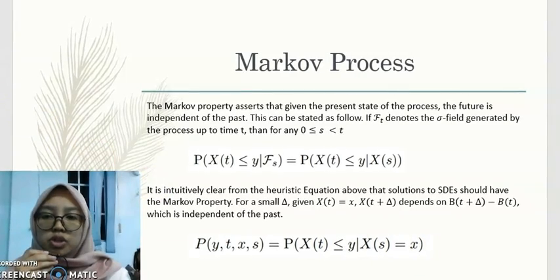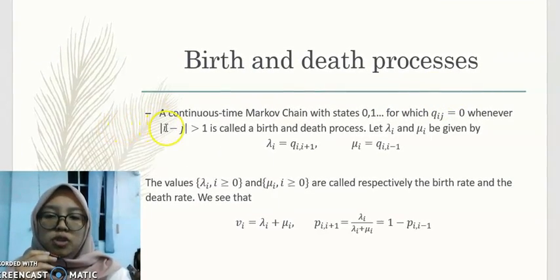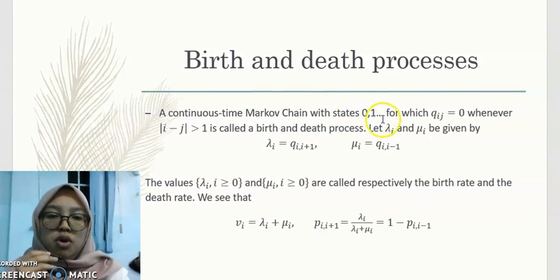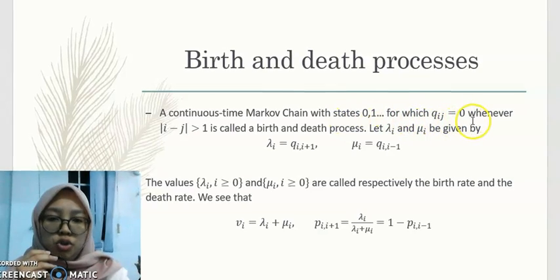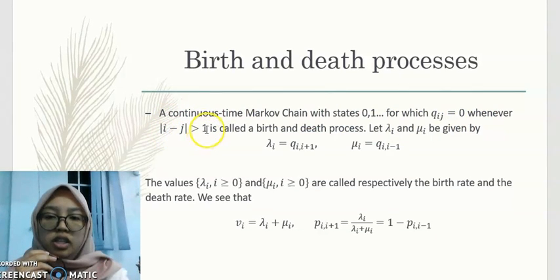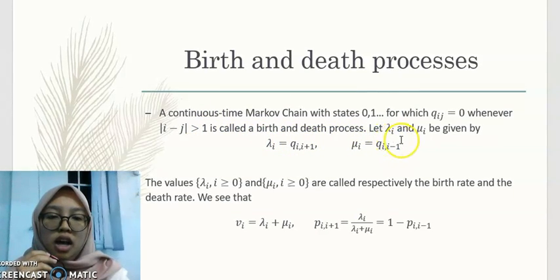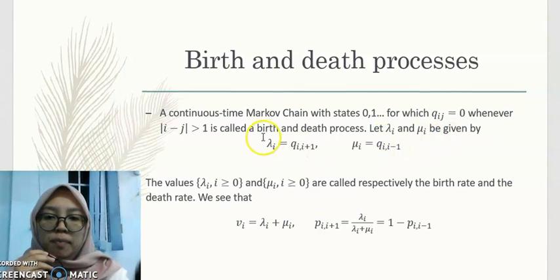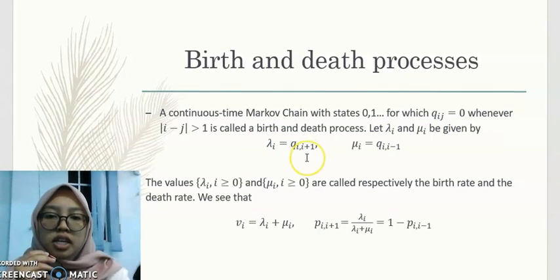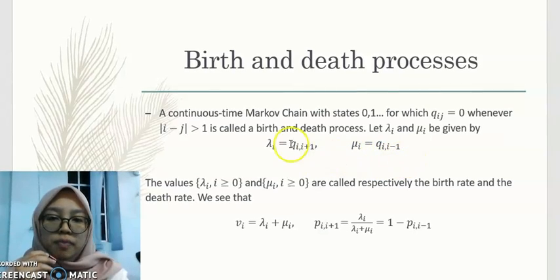So next we go through the birth and death processes. This process is a continuous time Markov chain with states 0, 1, and so on, with qij equal to 0 whenever the absolute value of i minus j is greater than 1, called the birth and death process. Let lambda i and mu i be given by lambda i equal to qi,i+1 and mu i equal to qi,i-1.